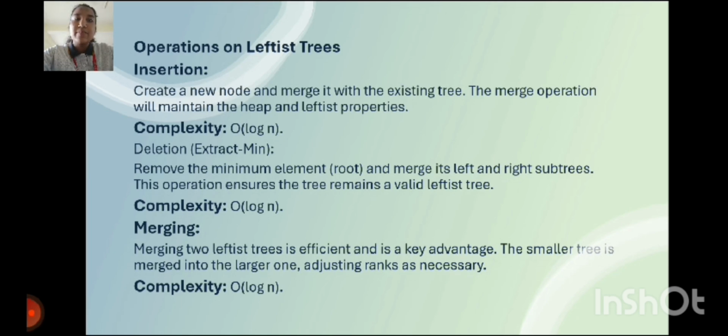Merging. Merging two leftist trees is efficient and is a key advantage. The smaller tree is merged into the larger one, adjusting ranks as necessary. Complexity O of log n.